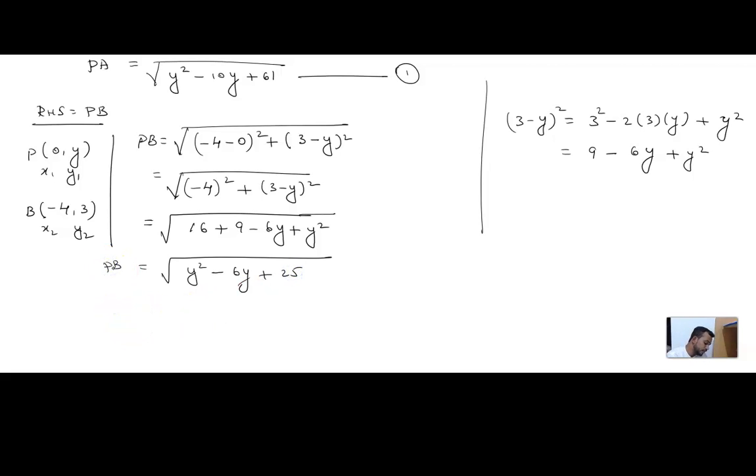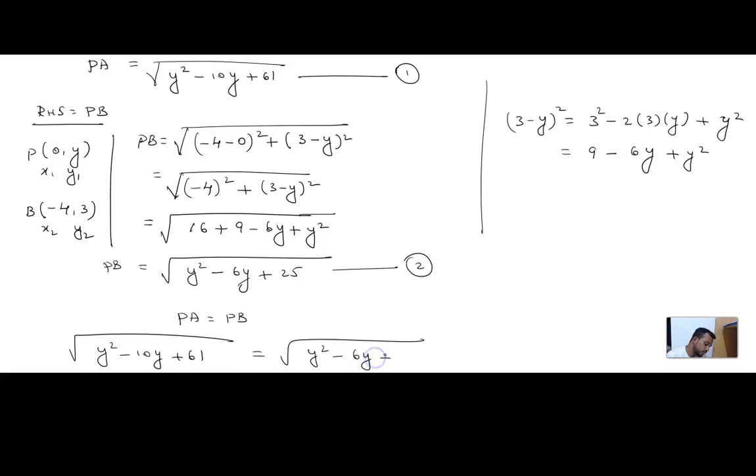This is nothing but PB. Let me say this is equation 2. But actually what we know is that PA is equal to PB, that is LHS is equal to RHS, right? So PA is equal to PB. So what is the PA answer? Root of y square minus 10y plus 61 is equal to PB, root of y square minus 6y plus 25.